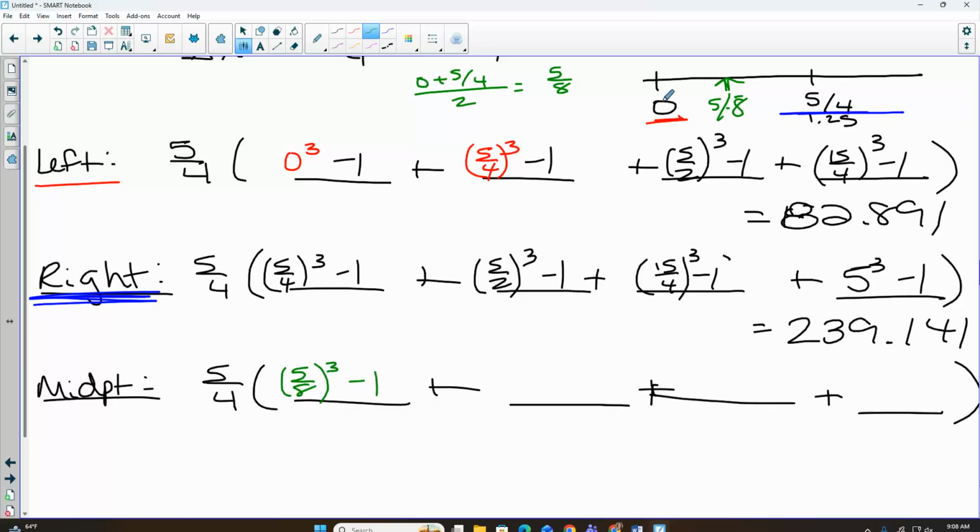Now, my change in x is still the same. So I add 5/4 to it to get the next one. So that would be like 10/8. So we get 15/8. 25/8. 35/8. And if you add those up, you get 146.367.